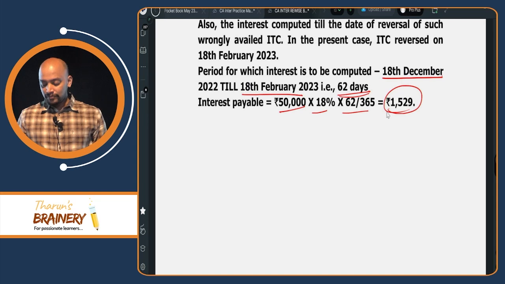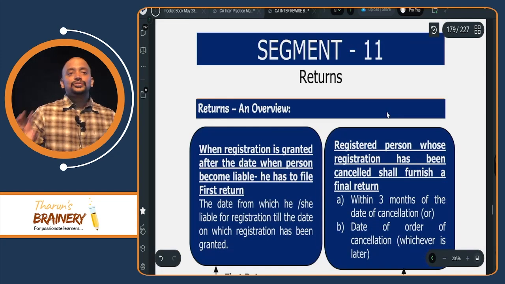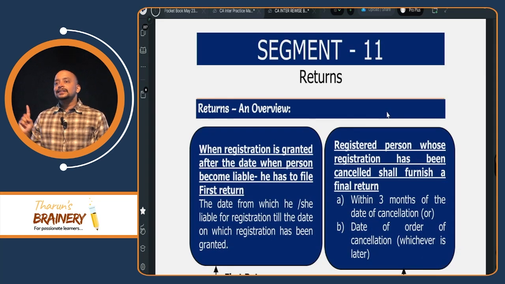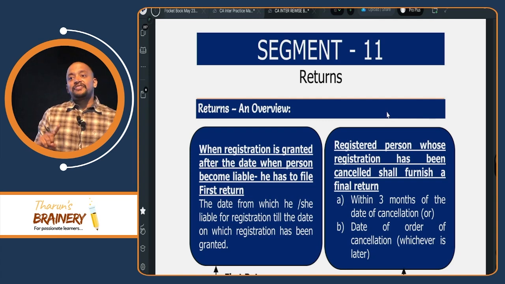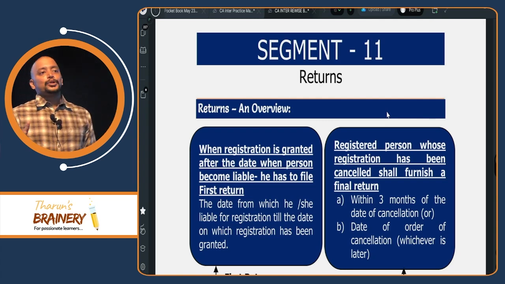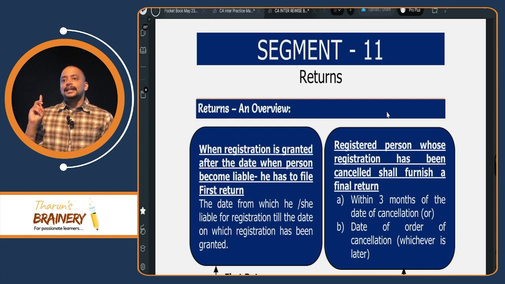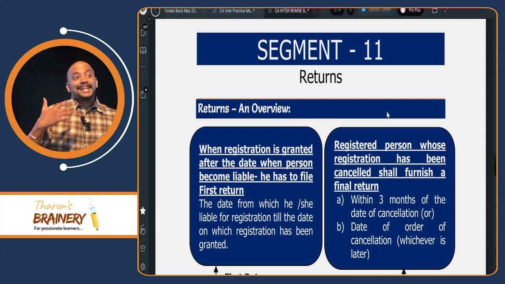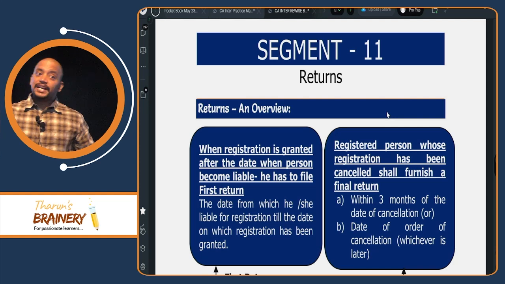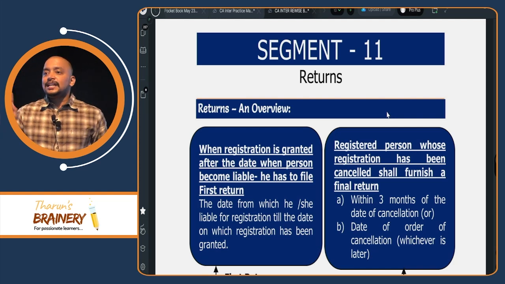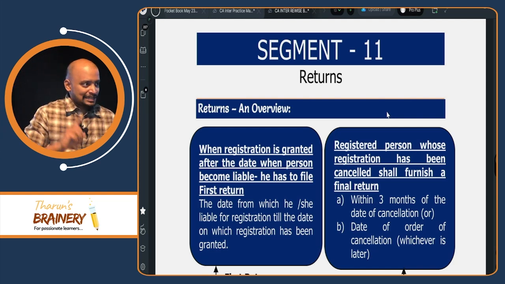Understood? So we completed 3 interest. That is interest on account of delay in filing 3B. Interest is computed on net liability. Then interest on account of tax paid late. So already 3B filed, but tax paid late. Then interest is on total amount, gross liability.